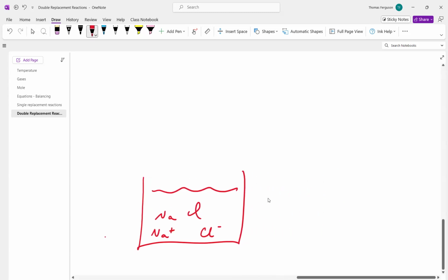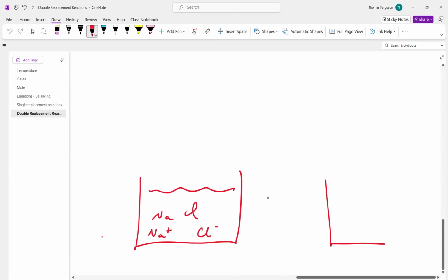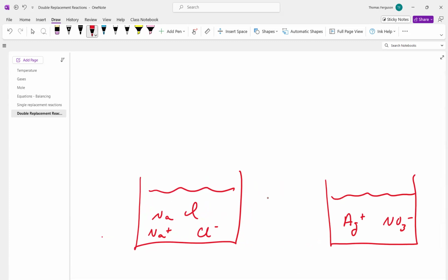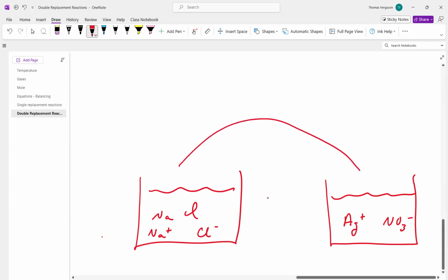And over here, we have a solution of silver nitrate, aqueous. So what we're going to do is we're going to take this guy and dump it in there.